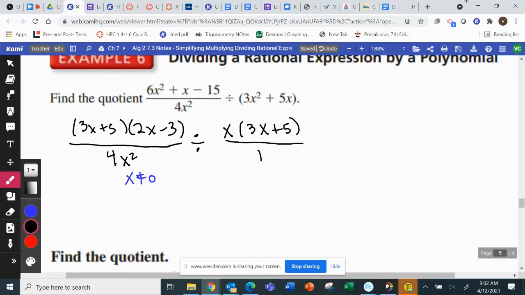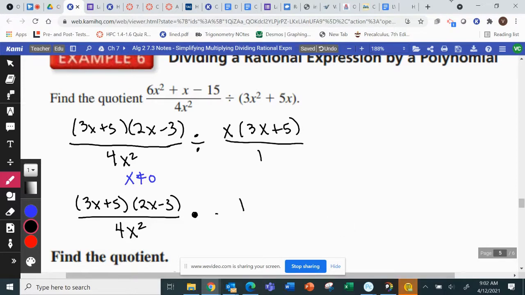So our next step is instead of dividing, we change it to multiplication. So I keep 3x plus 5 times 2x minus 3 over 4x squared. I change it to multiplication.